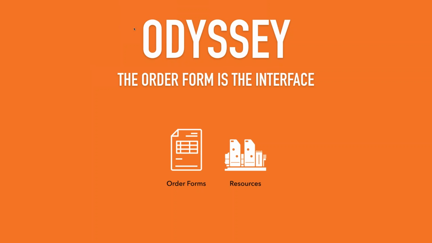If we talk about resources in Odyssey, we're talking about the people, the machines, and the materials that you're using to make printing happen. So that's the middle of this very important path: order forms connect to the resources. That's the interface. We're going to use that as a point in the middle, and we're going to work out from both ends of that.